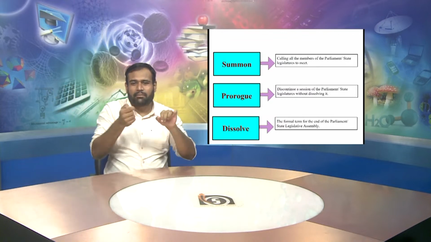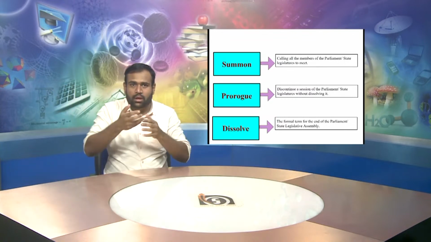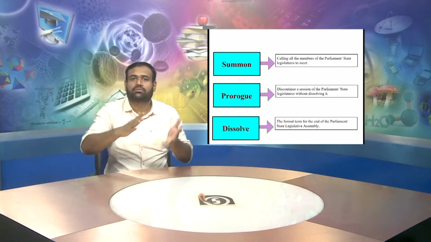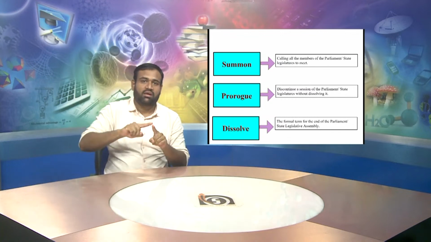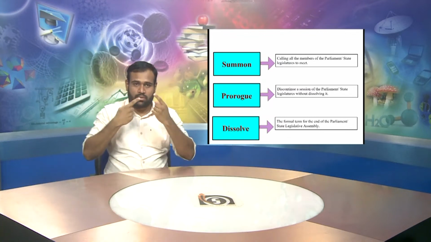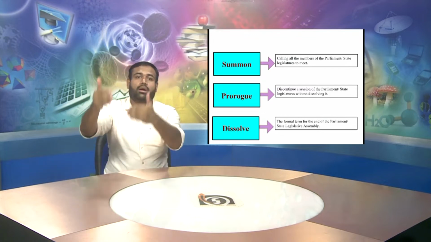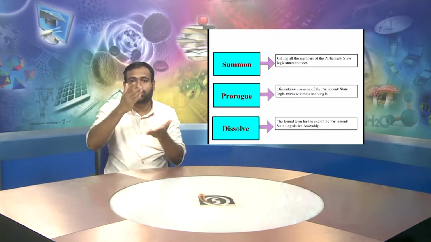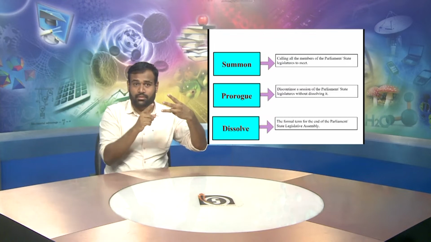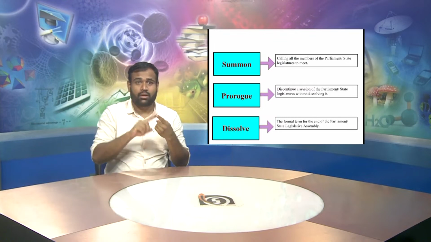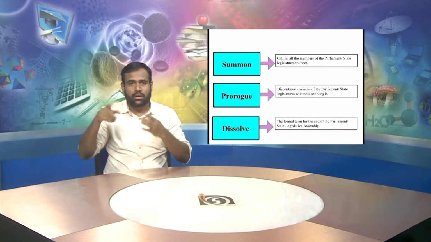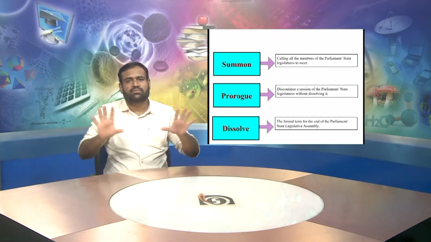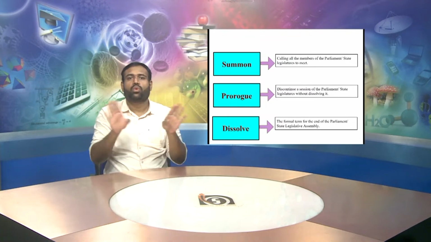It is a discontinuing of the sessions of the parliament or state legislature without dissolving it. And then the third and last word is dissolve. It is the formal term for the end of the parliament or state legislative assembly.